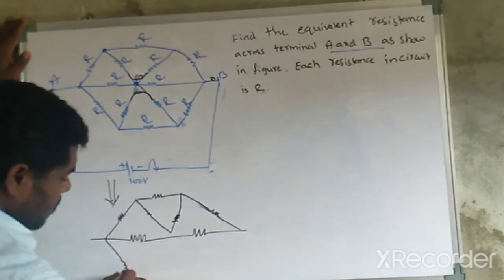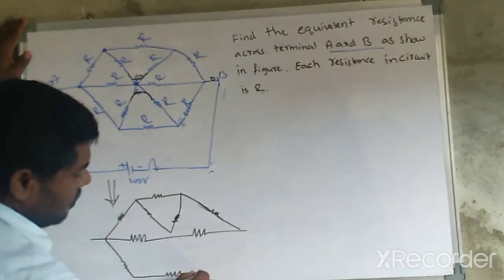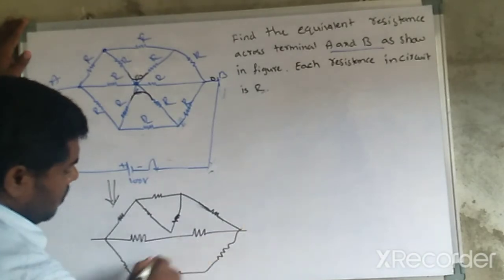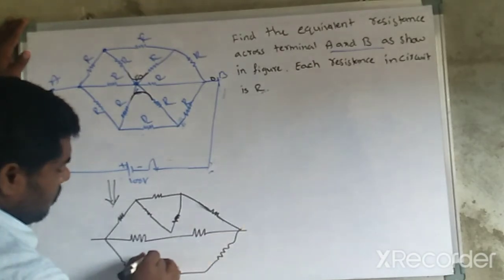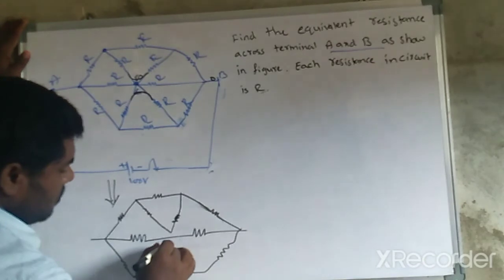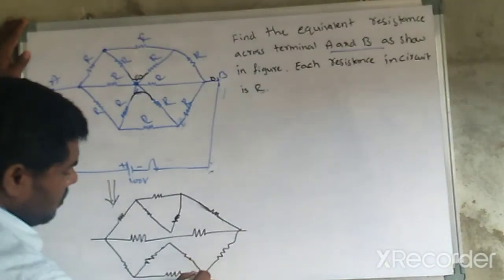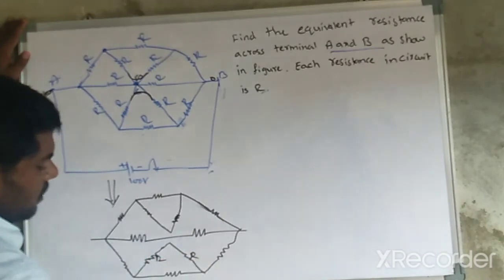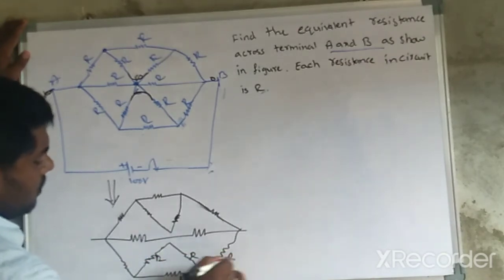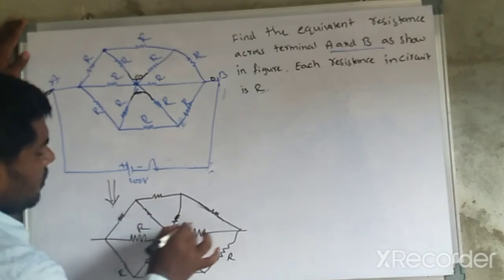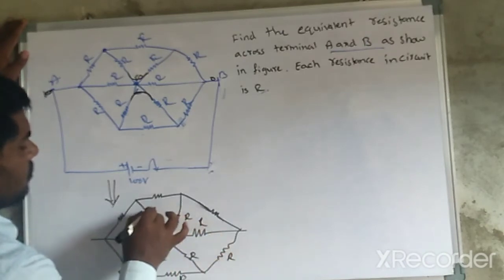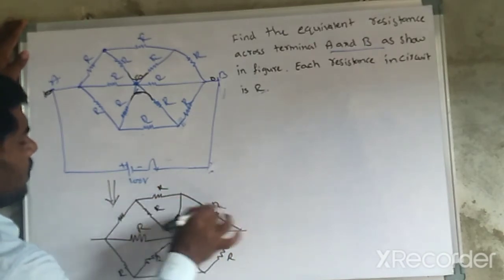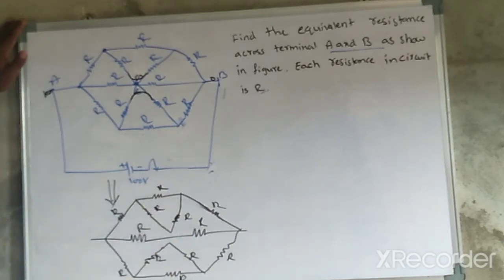You may draw it because of the symmetry. This is symmetry. Now this resistor and this resistor are in series, then parallel, then these two resistors in series, this one is in series too. So you may draw it again.